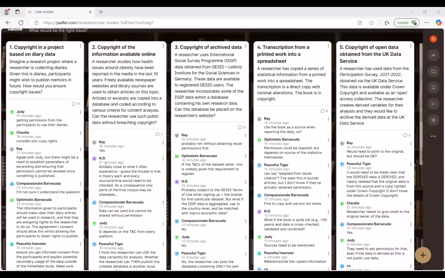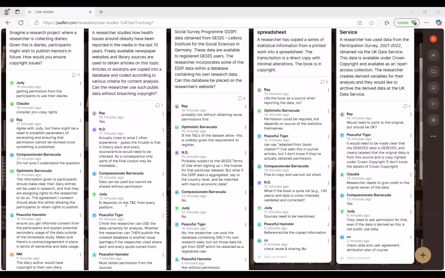And in terms of the second one, copyright of the information available online, exactly, all the information and thoughts you have shared are correct. Even though the articles obtained are freely available online, they might still be subject to copyright. And as one of you mentioned, in your experience each and every source would need to be checked.